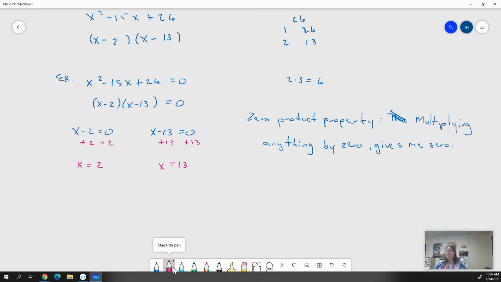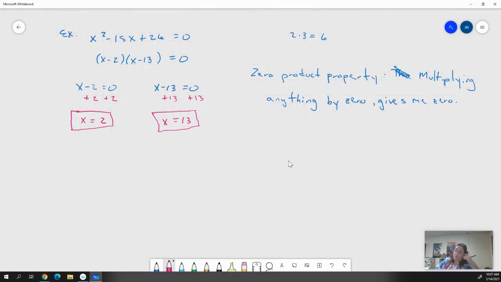And these are what we consider the solutions of quadratics, right? We find the factors, we set them equal to 0, and then we find our solutions. We solve for x or whatever the variable is, and then we have our solutions.